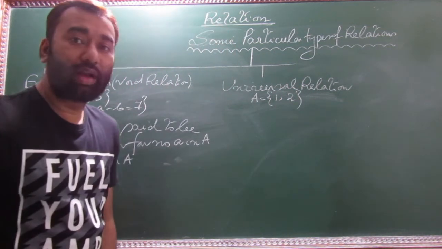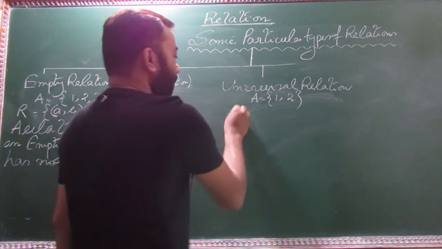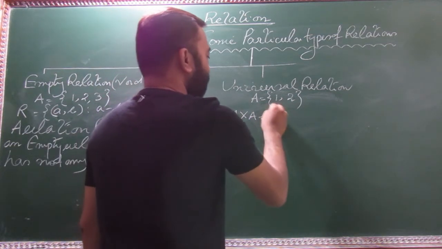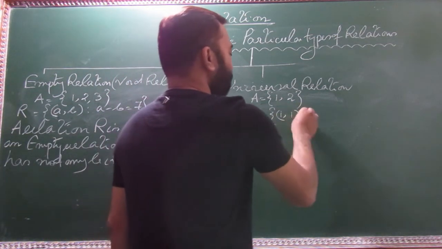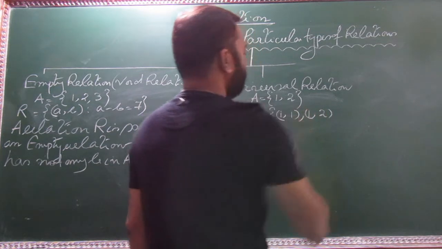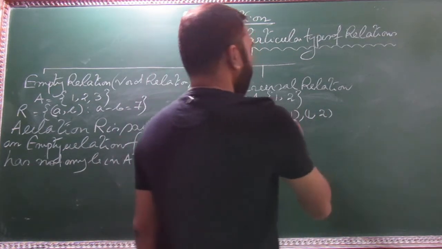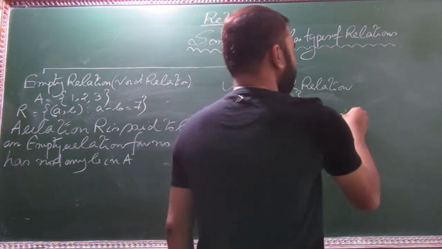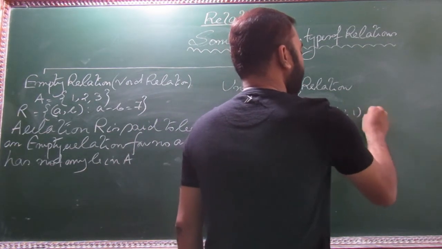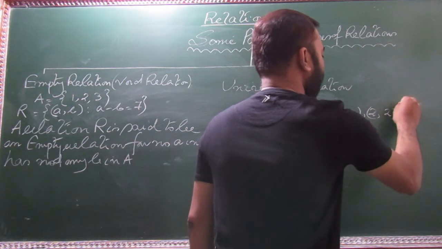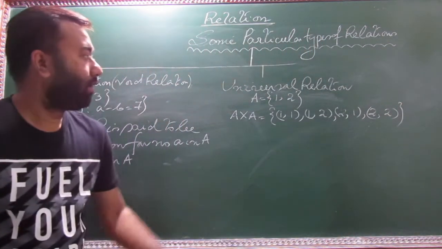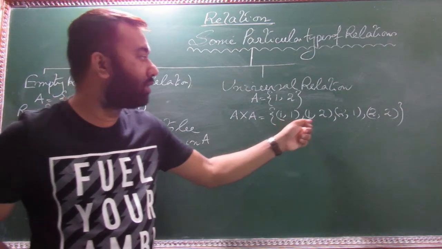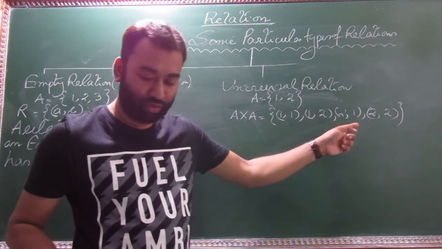Now how can I write A cross A? A cross A is equal to (1,1), (1,2), (2,1) and (2,2).